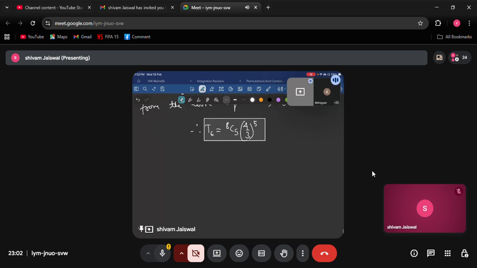Okay, so everyone, let us do some problems. Question number 4. Find the numerically greatest term for (3 minus 2x)^9.